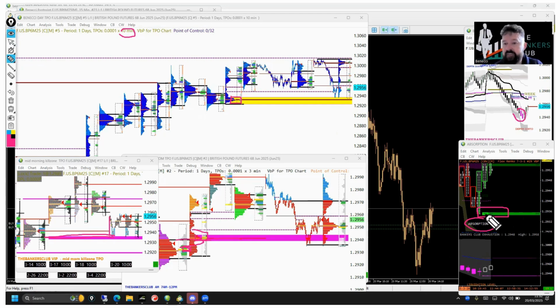That is passive resting limit orders of a specific size, which were residing at these levels, just waiting to get filled. You can see we came down, tapped into it, rejection tail, absorption taking place. So aggressive sellers got absorbed by passive buyers, and then up we go.